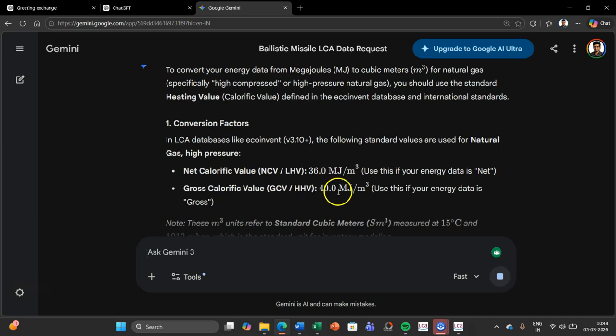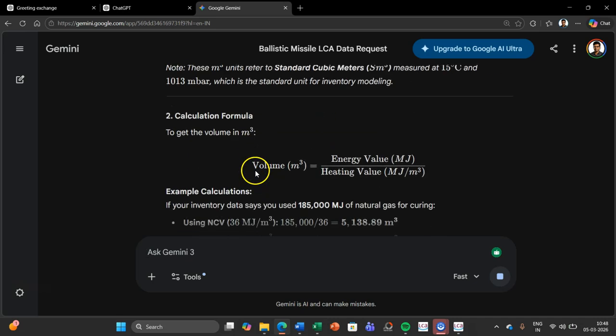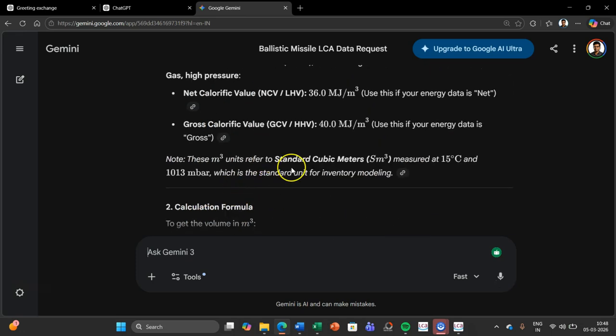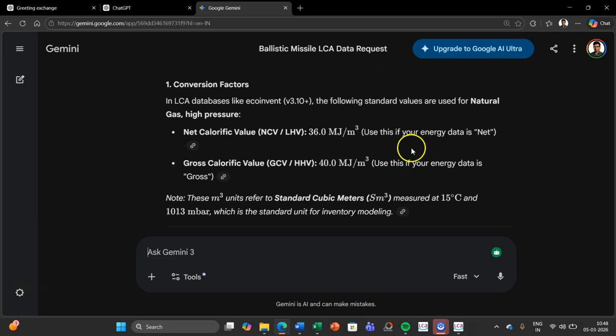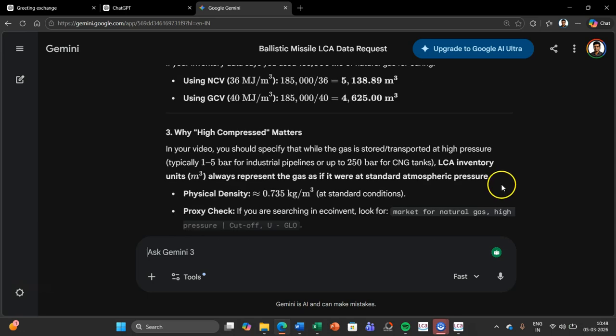So gross 40. So there are two standards like NCV, GCV, net calorific value, and gross calorific value. So we can prefer between them based on the nature of utilization, I guess.